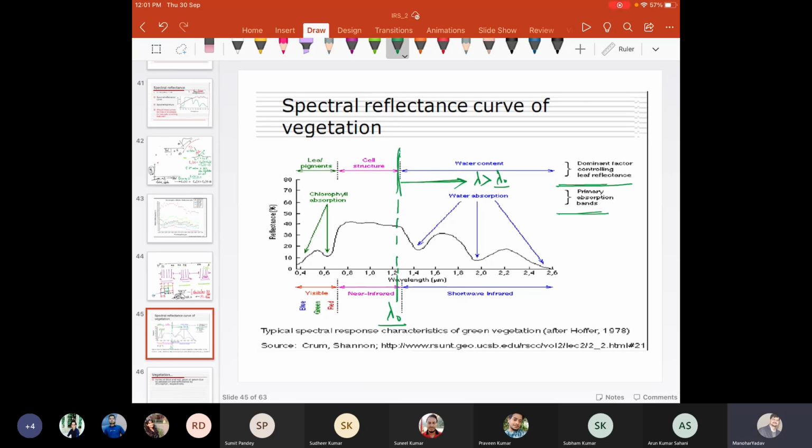When we see the water content, then we know that absorption in the atmosphere is dominant due to the water vapors, H2O molecules.